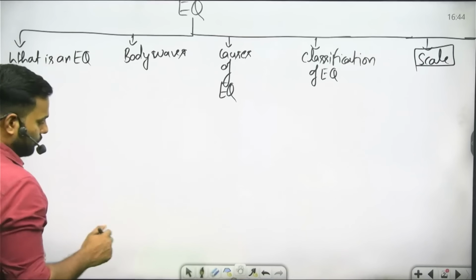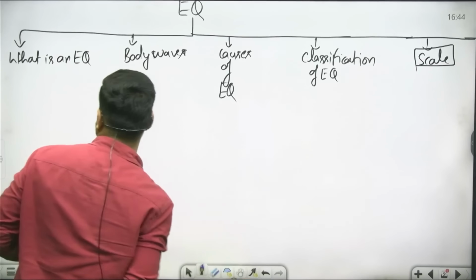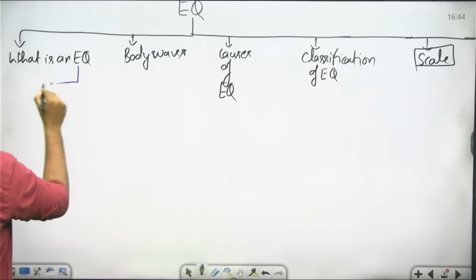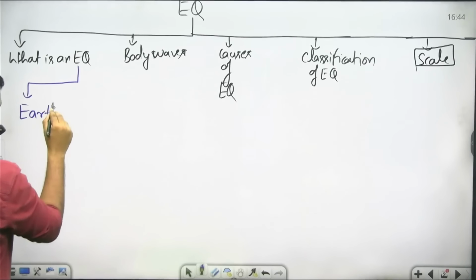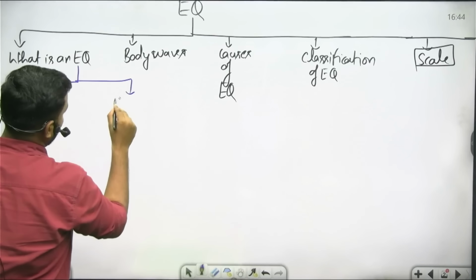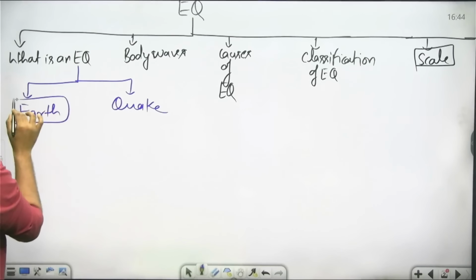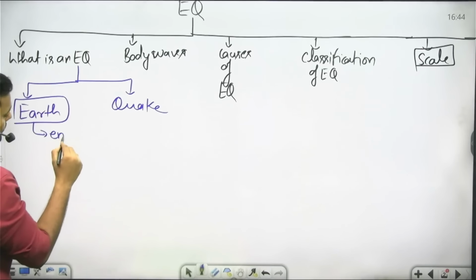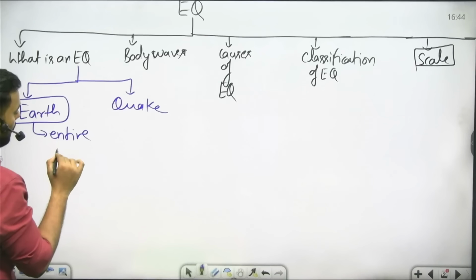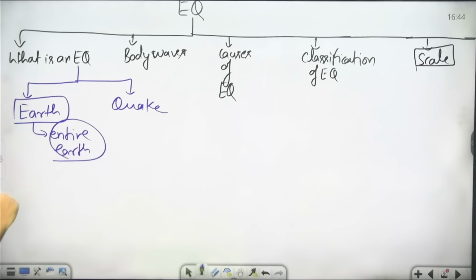Okay, without further delay let's come to the topic. What is earthquake? Earthquake is simply made up of two terms. One is earth and the second one is quake. Here the term earth does not refer to the entire earth.